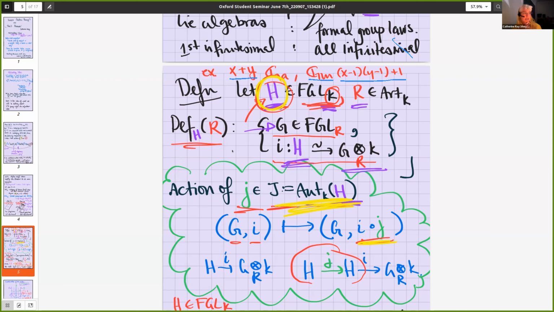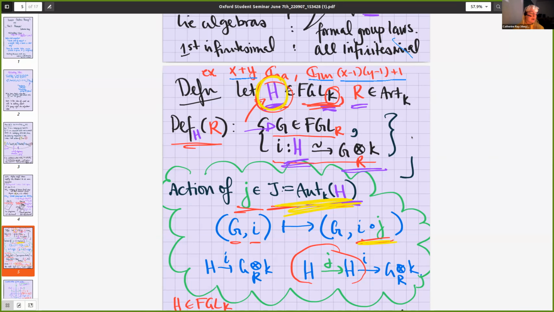Deformations of a formal group that's living over a characteristic p field are a formal group that's living over, let's just say, a complete local K algebra, for example Z_p, as well as a way of reducing the larger complete local K algebra to just K. So we have to also remember that information.